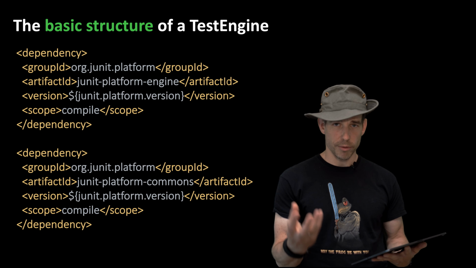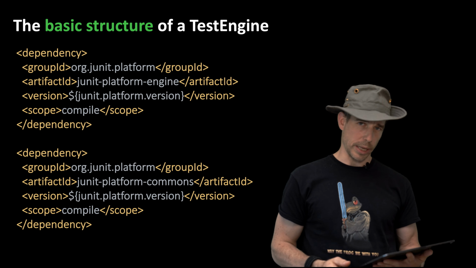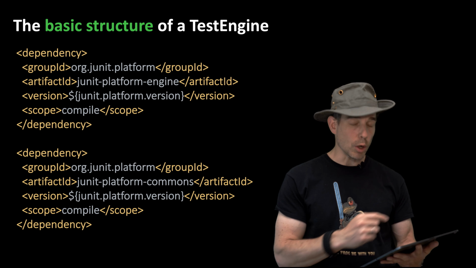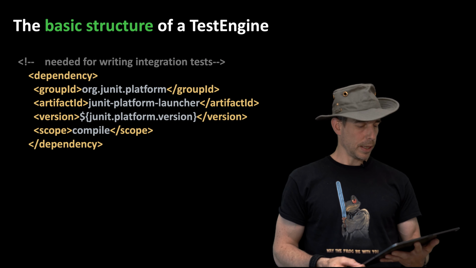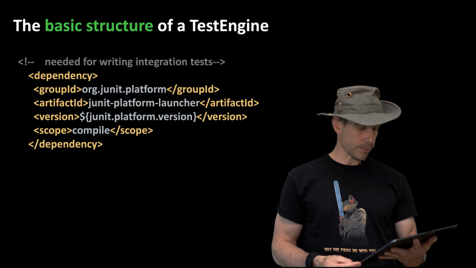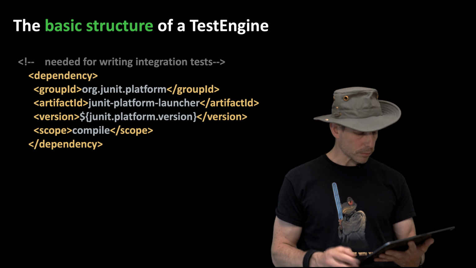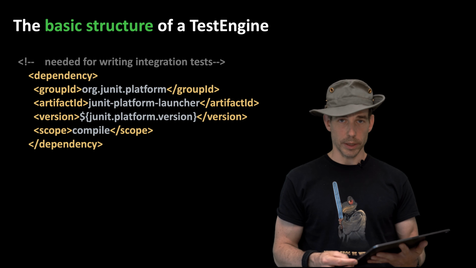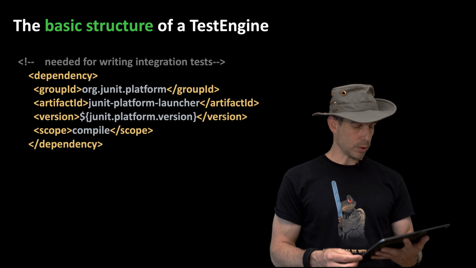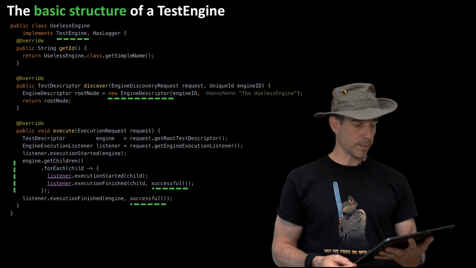So now we have the basic functionality that we can use to build stuff on top of the platform and to build our own test engine. Yeah, and then we need some platform launcher. This one we need as well, and this in compile scope as well, because we want to write integration tests for our own test engine.